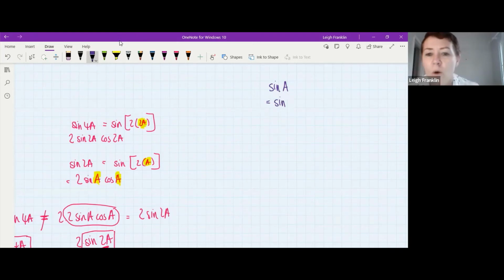So we are going to halve the angle. So here, this is going to end up being sine 2 times 1/2 of A, because 2 times a half is 1. So then this is going to be written as 2 sine half A cos half A.